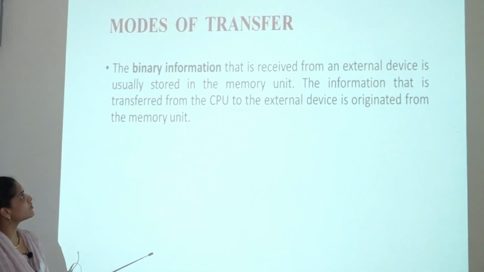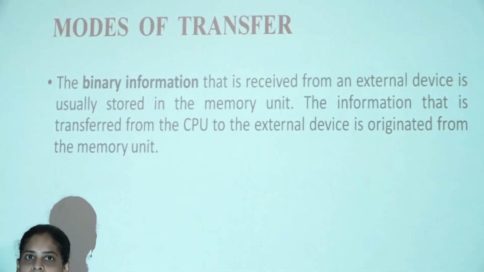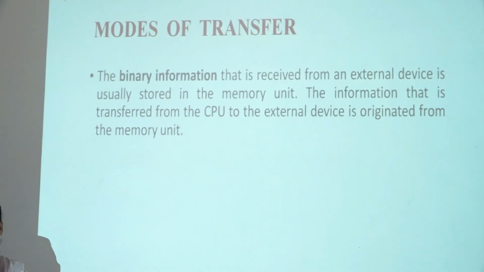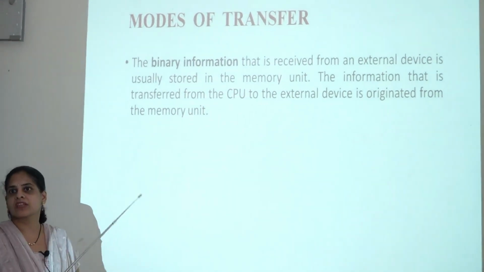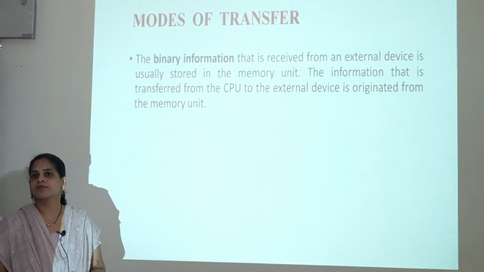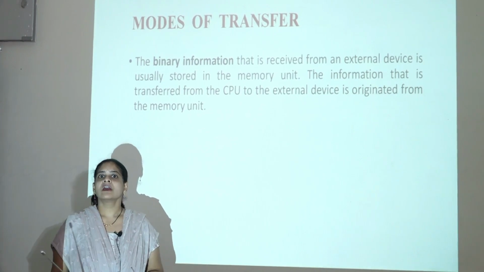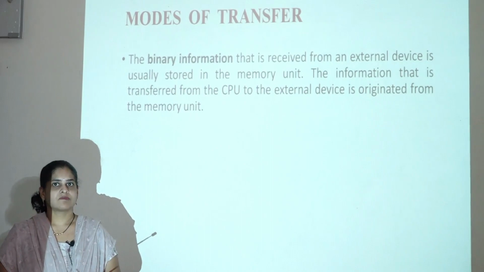Coming to the modes of transfer, as we already know, the information in a computer is transmitted in binary form. Whenever information is transmitted between the CPU and the input-output devices, for example with a keyboard, the information from the keyboard is first stored in the memory before it is given as an input to the CPU.